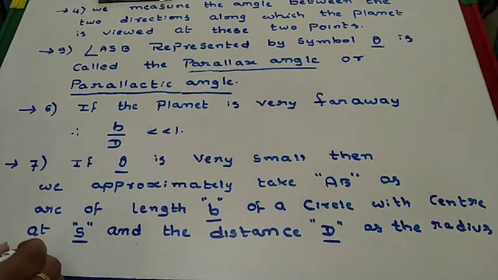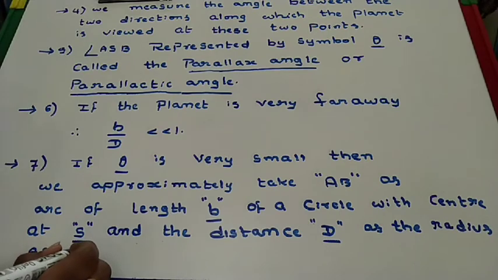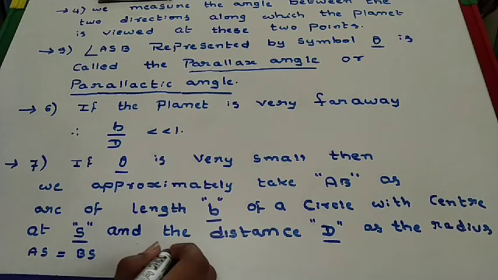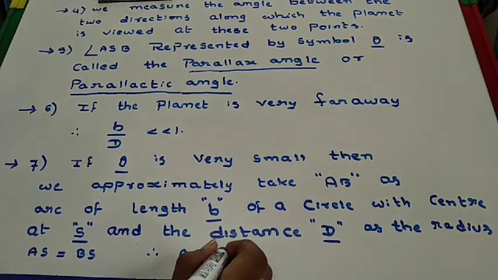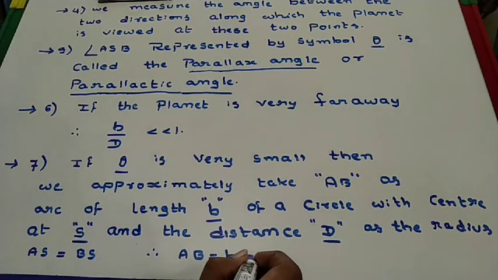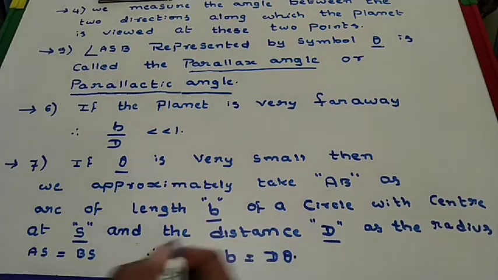AS is equal to BS. Therefore AB is equal to b, that is equal to capital D theta.